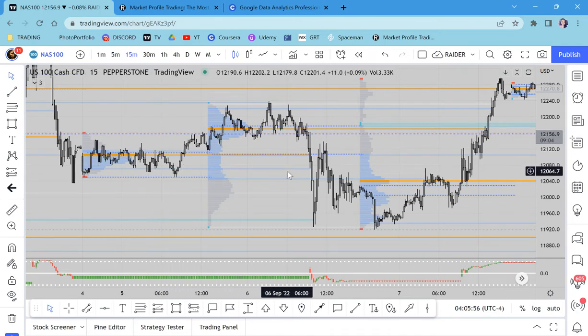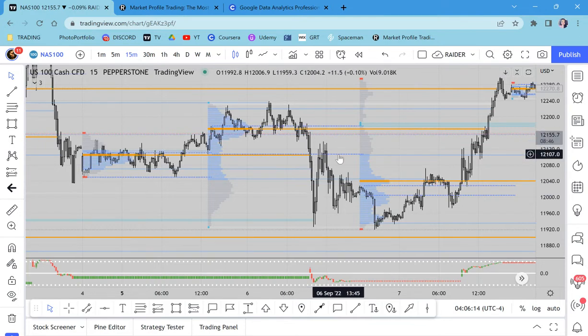So clearly there's a value level up here from another previous day. I probably would have waited here to see if price was going to go up, and if it was going to retest, then I probably would have waited as well.